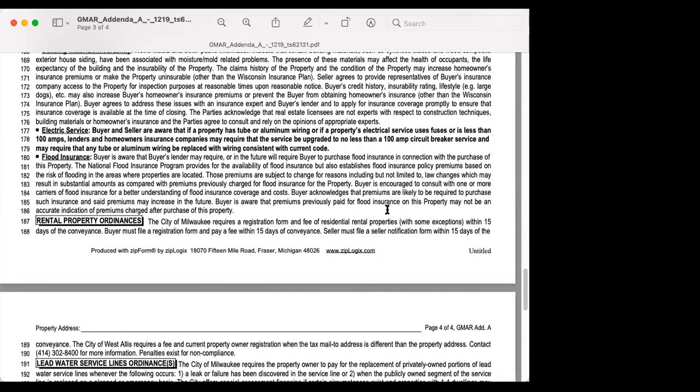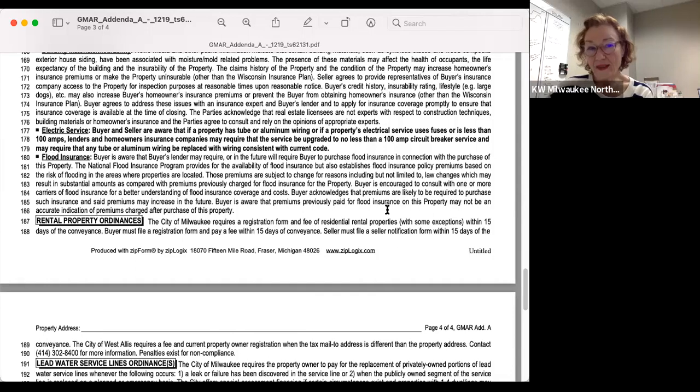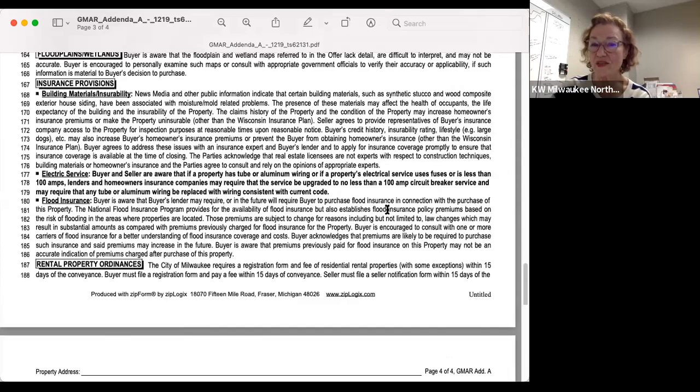Any questions about it? Yeah. Question: when you are listing a property and you're seeing all of these different offers come in and they don't have Addendum A. Right. That's the risk that the buyer is taking. It's not necessarily the risk for the seller.